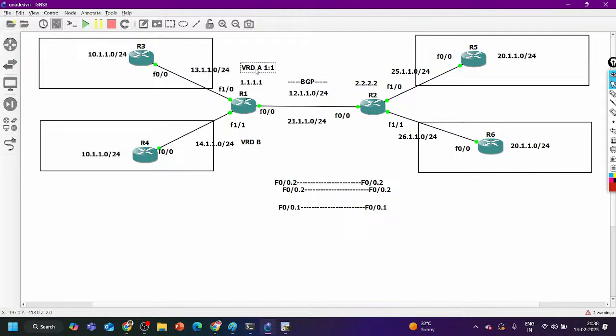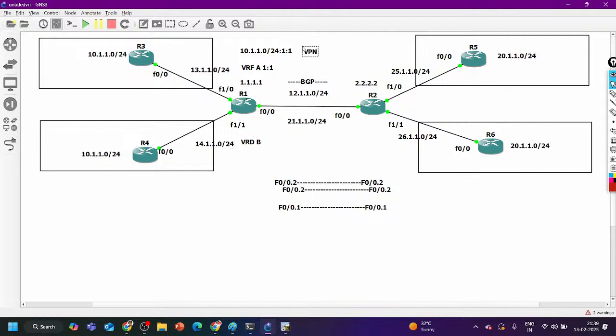So whatever prefixes router 1 is going to receive in VRF A, it will add this RD value with the prefix. For example, 10.1.1.0/24 will become 1:1 here. After adding 1:1, your prefix will look like this: 1:1:10.1.1.0/24. And this particular prefix is called a VPNv4 prefix.